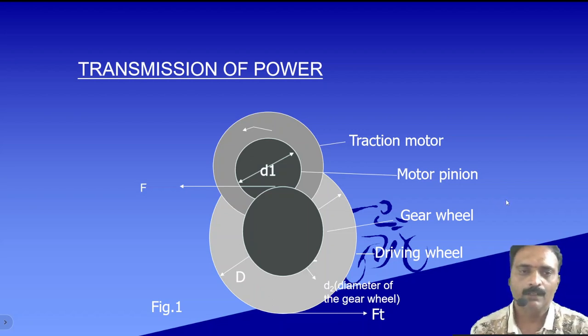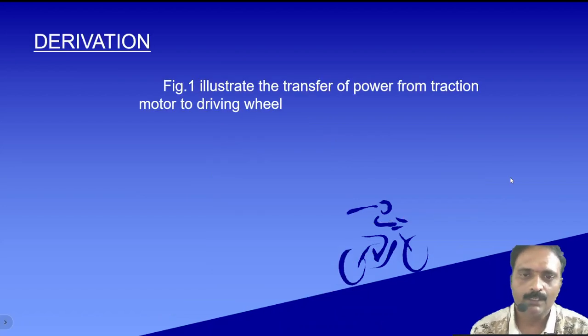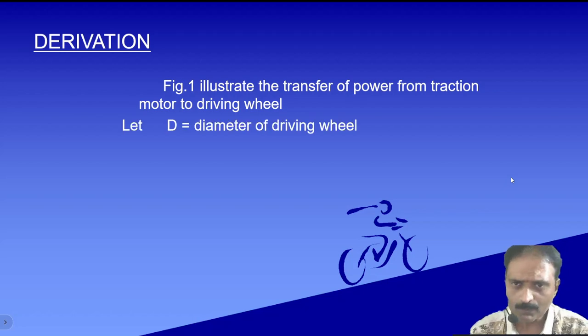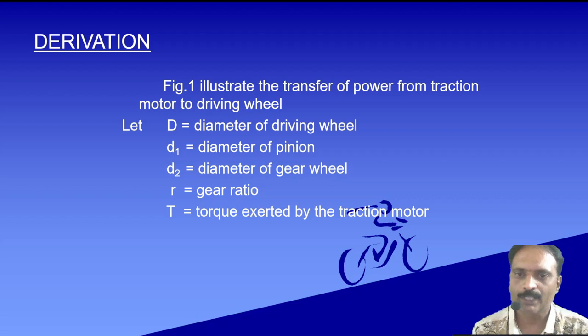And we know that the torque is going to be equal to force multiplied by the radial distance. So from that equation, these are certain parameters that we are going to consider. Capital D is the diameter of the driving wheel, D1 is the diameter of the pinion, and D2 is the diameter of the gear wheel, and R is the gear ratio, which is considered as D2 by D1.